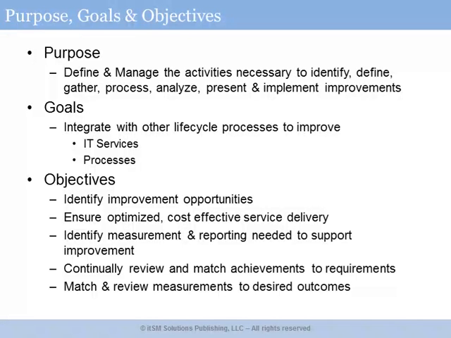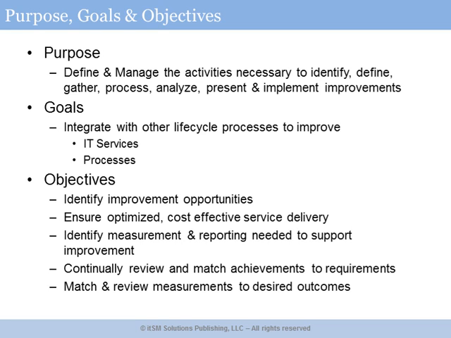When we think about the 7-step improvement process, the broad objective is identifying and executing on specific improvement opportunities, whether they be opportunities to improve a particular process, to improve a service, or even to improve our ability to do continual service improvement at all.